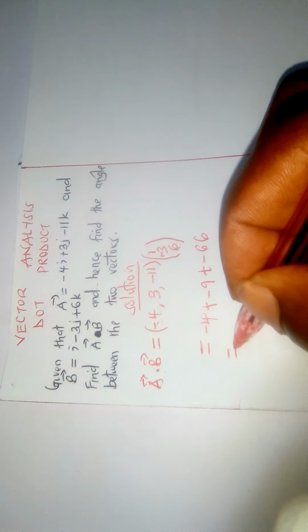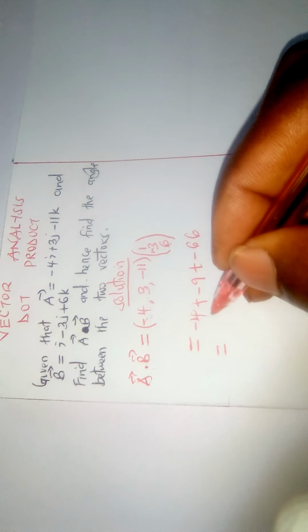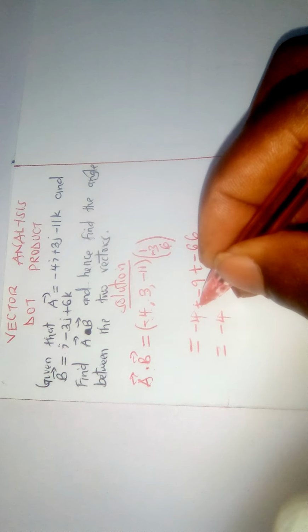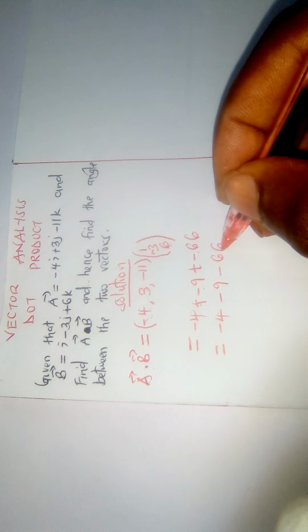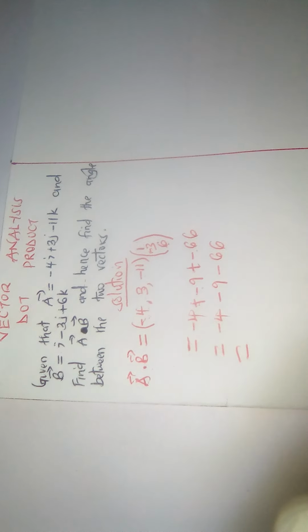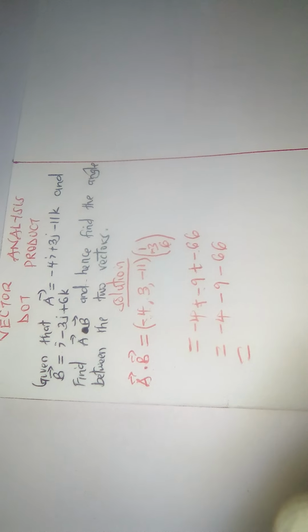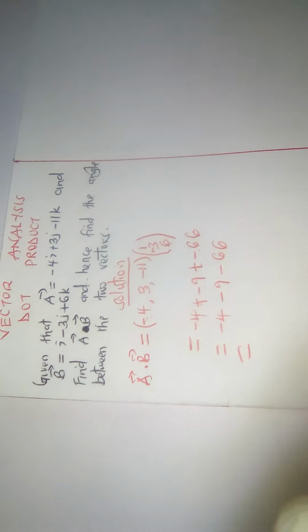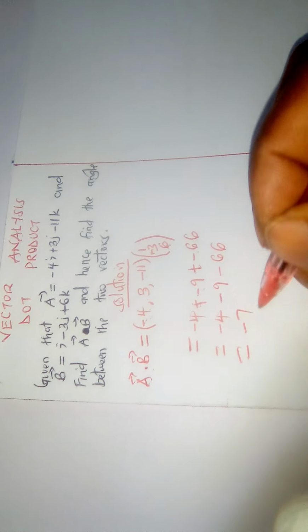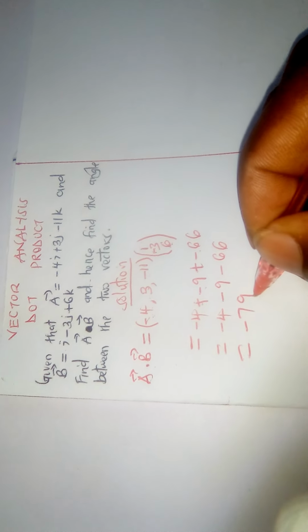Now after this, you are supposed to work out. I'll remain with negative 4. Positive by negative is negative 9. Positive by negative is negative 66. When you work out negative 4 minus 9 minus 66, you will end up getting negative 79 as your final answer there.